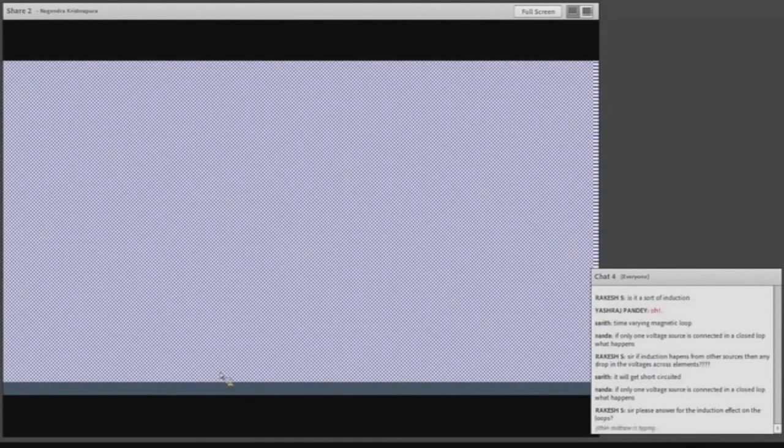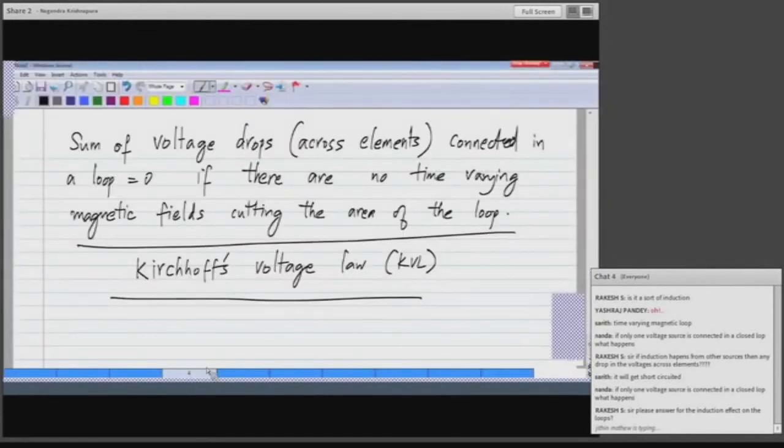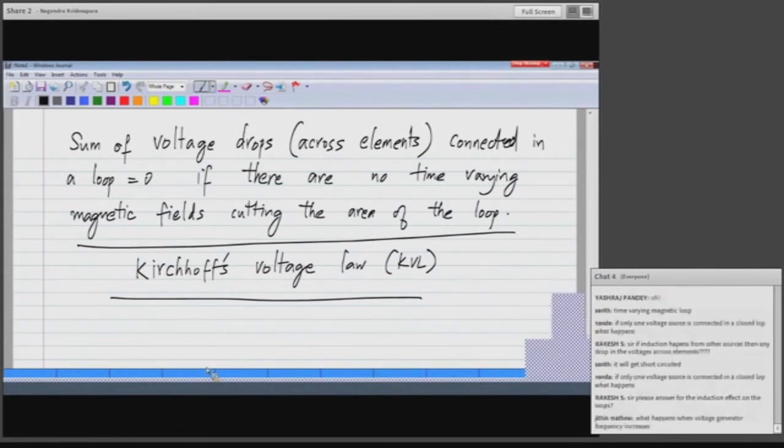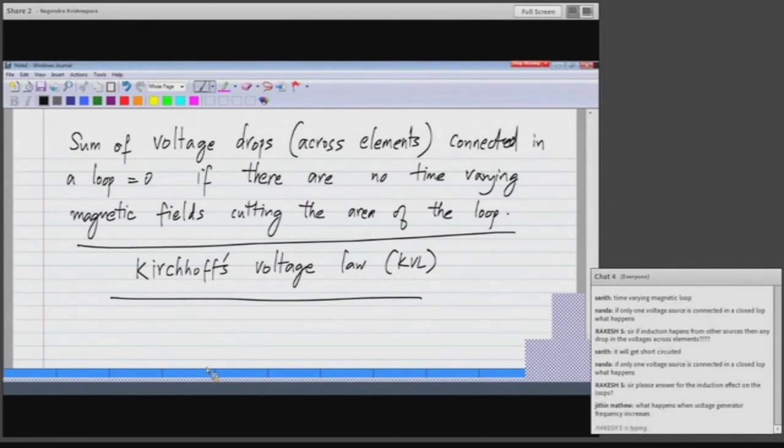Now one thing I have to mention about voltages, I did this for currents. That is, I told you that a current of 1 ampere flowing from A to B is exactly the same as a current of minus 1 ampere flowing the other way.